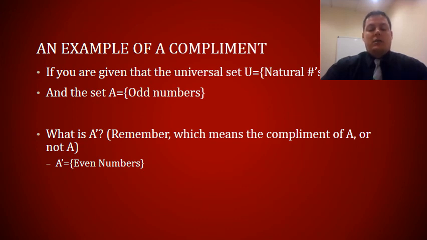Not A would then just be even numbers. And again, if you look back, you will see that that could be written as A′ ⊆ U, which means not A is contained in the universal set, or not A is a subset of the universal set.